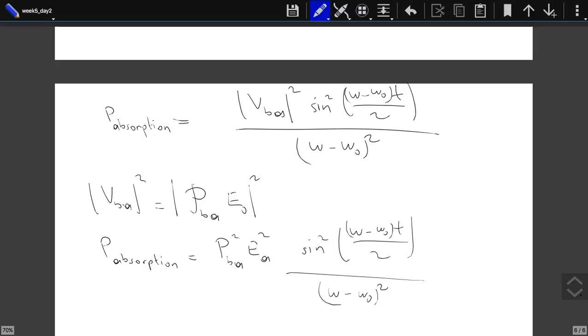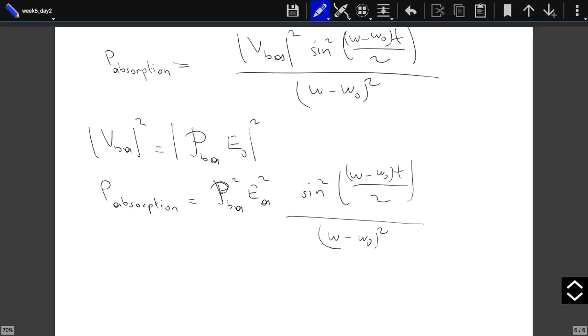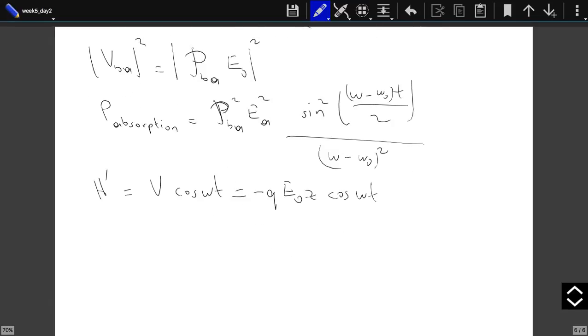Now remember, the reason why we have this P_BA is that we had defined H prime as V times cosine omega t, which in this case is minus q E0 z cosine omega t. And this P is the matrix element of qz.